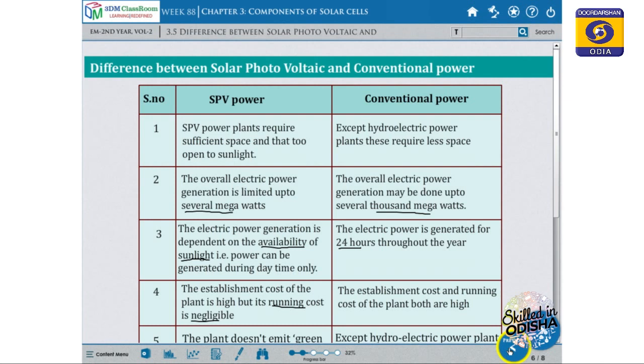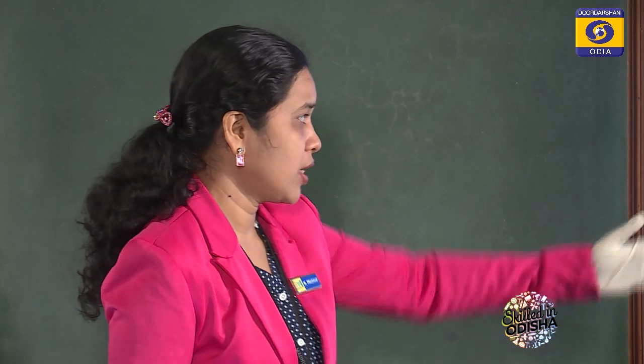We cannot generate electricity from the solar photovoltaic cell 24 hours. But with conventional power we can generate electricity 24 hours throughout the year. That is the main advantage of a conventional power plant and the main disadvantage of a solar plant, because we cannot operate throughout the year and 24 hours.